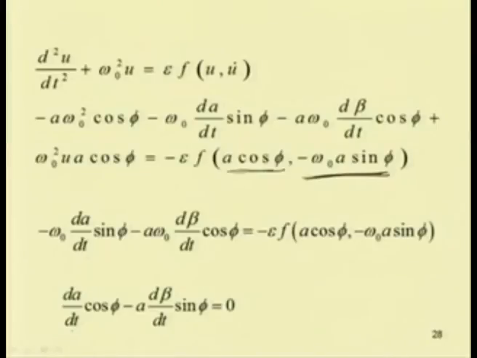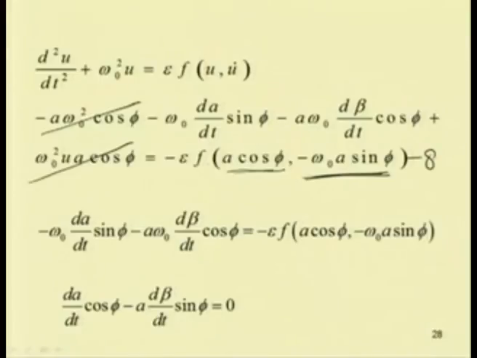In equation number 8 we can rearrange and write the equation in this form: minus omega 0 dA/dt sin phi. In this case, minus a omega 0 square cos phi, this is plus and this is minus, so they cancel.